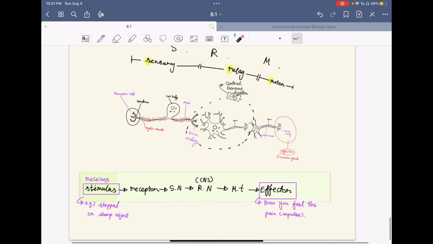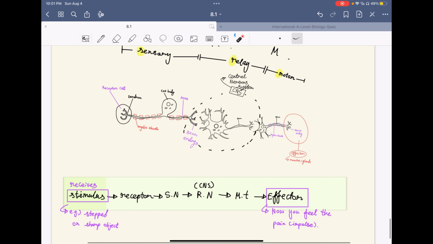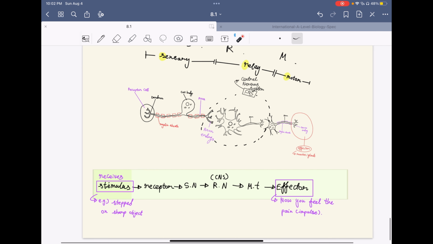And that impulse will be sent to my sensory neuron, and this will happen by my impulses jumping from one node to another due to the myelin sheath. And it will be sent to my relay neuron, which is within the CNS, and to my motor neurons, and finally to my effector cells. And this effector is a muscle or gland. So this way, now you feel the pain, which is basically the impulse.